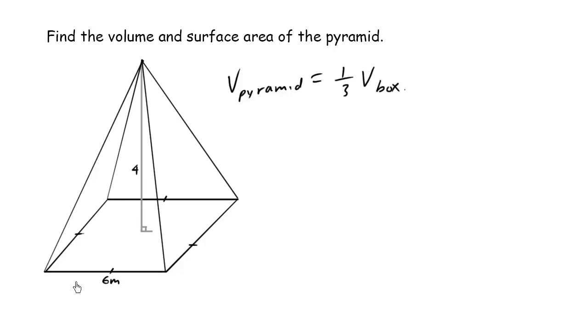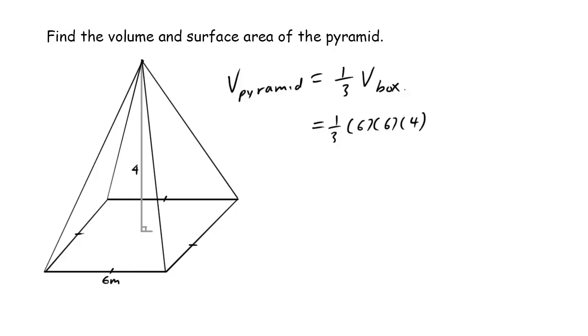So we know that the box formula is length times width times height. So the volume of a pyramid is going to be length times width times height, which is 6 times 6 times 4. Since this is a square bottom, this is 6, and the height is 4.